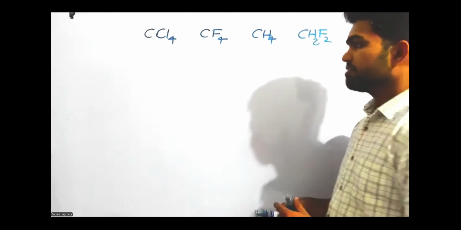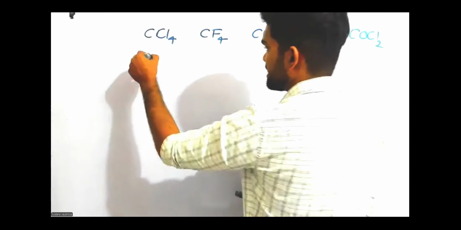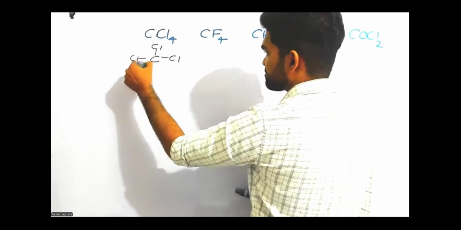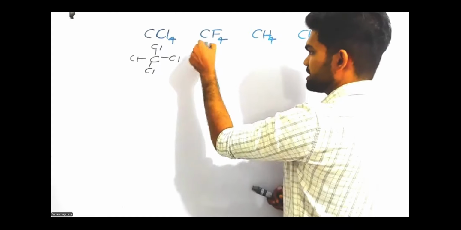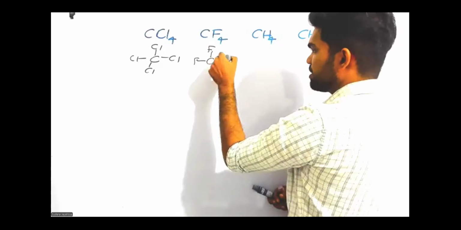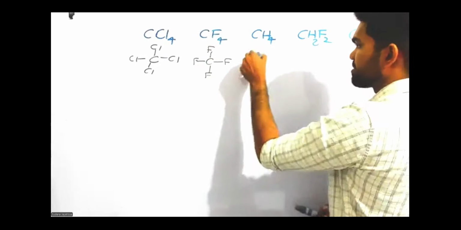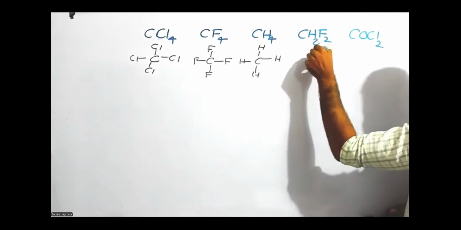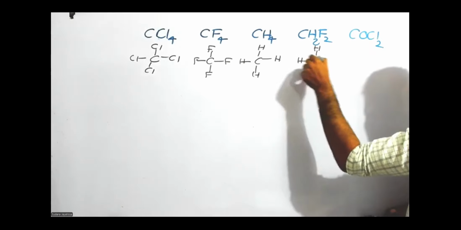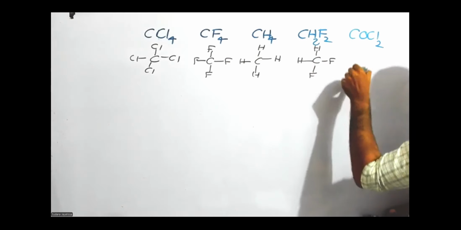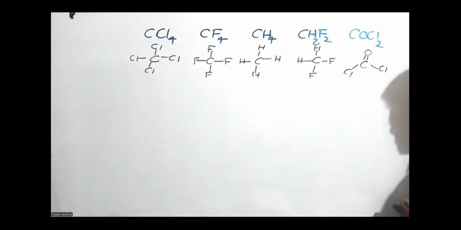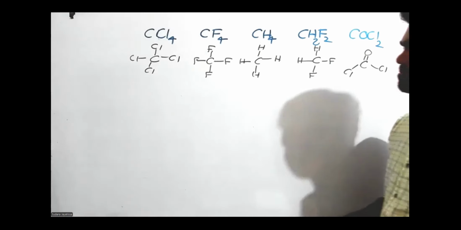First, we need their structures. This is the structure for CCl4. This is the structure for CF4. I am ignoring their lone pairs. This is for CH4, CH2F2, and finally COCl2. These are the structures.